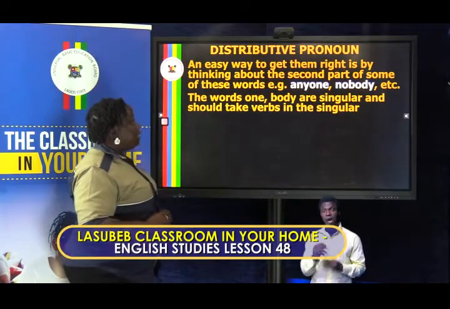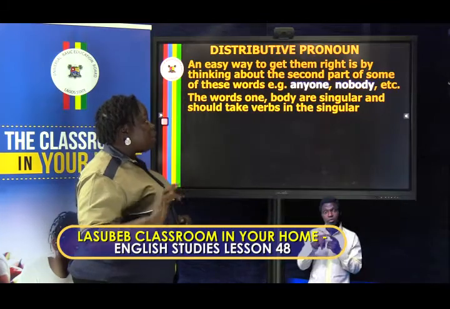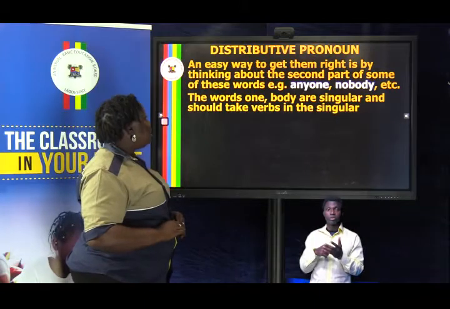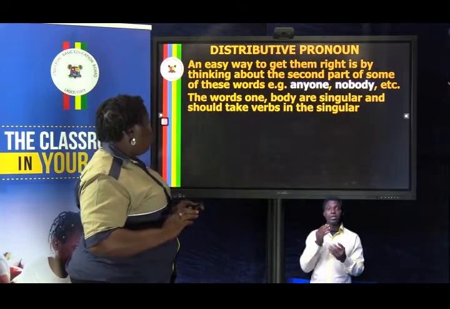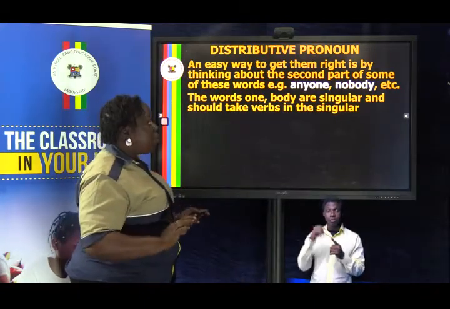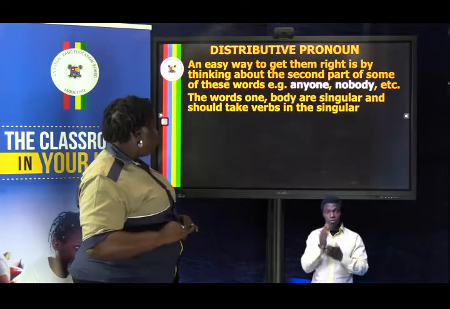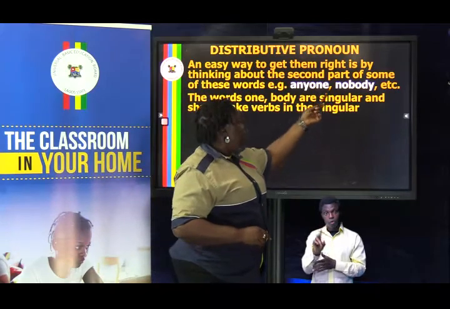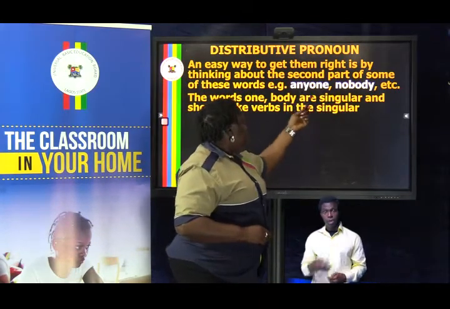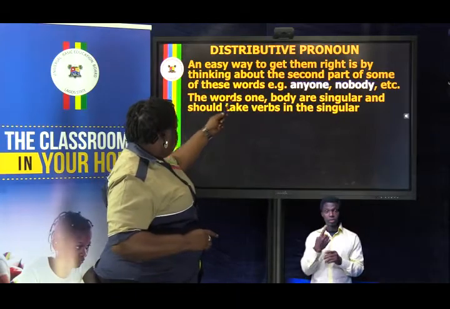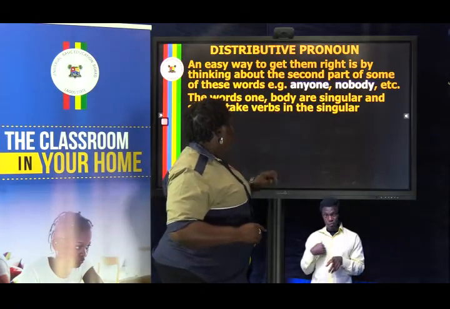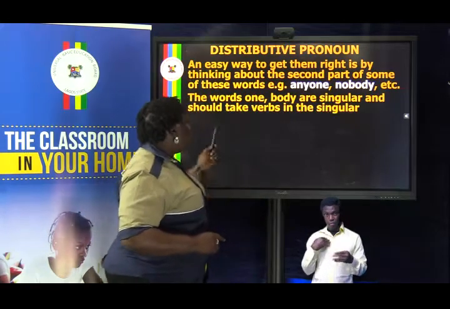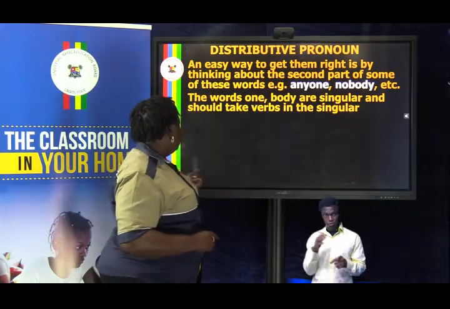An easy way to get distributive pronouns right is by thinking about the second part of some of these words, for example, anyone, nobody, and so on. The word one, as we have in anyone, and body, as we have in nobody, are singular and should take verbs in the singular.